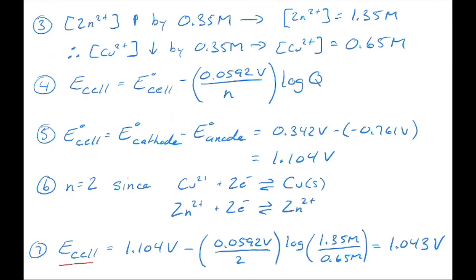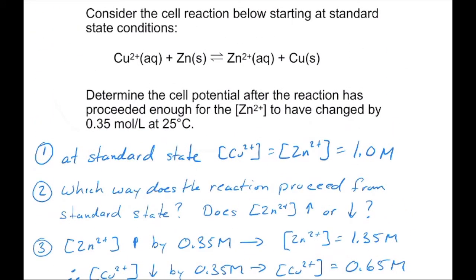Okay, so now our last step is to just put it all together to figure out the cell potential at non-standard state conditions. We have the cell potential at standard state conditions, minus 0.0592 volts over 2 moles of electrons, and we have our products over our reactants. And how do we determine which is products and which is reactants? Let's quickly go back up to our reaction.